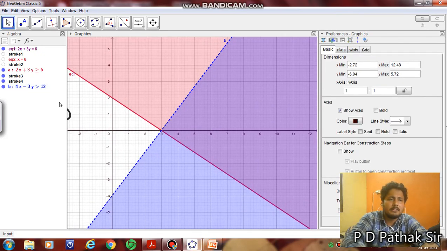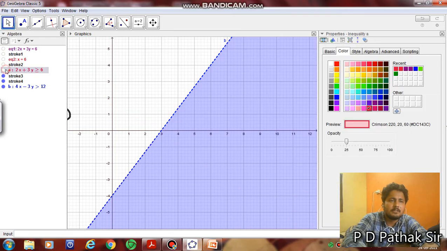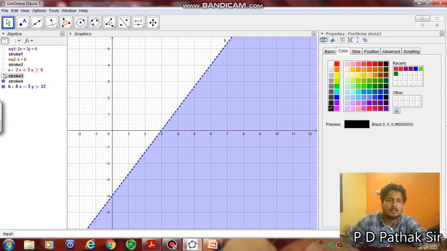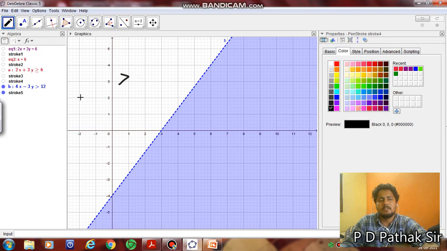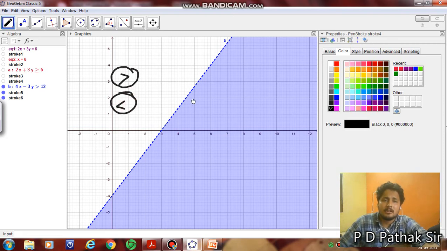Now see, there are two lines. This is the second line which I have drawn in the second part. This is the line 4x minus 3y greater than 12. This inequality contains greater than, means if any inequality contains greater sign or less sign, then the line must be a dotted line.